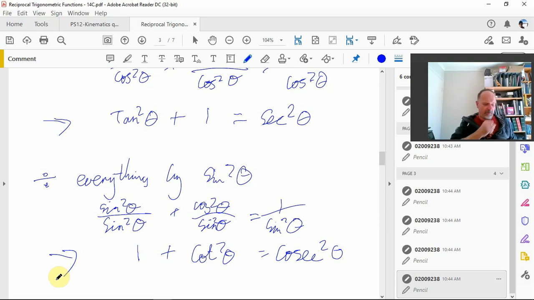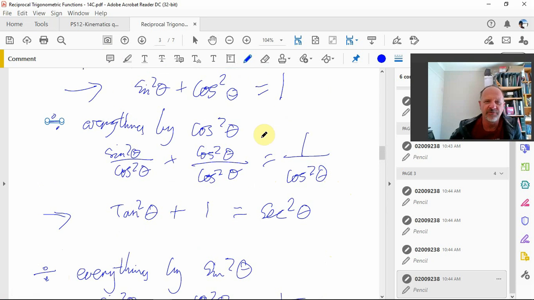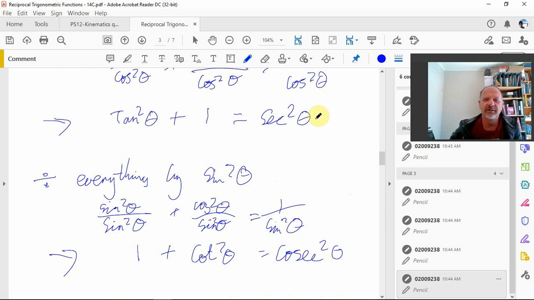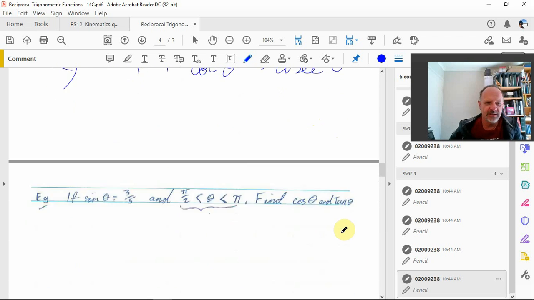Okay, so we can use those things to help us solve some stuff. So the Pythagorean identity is this one, and a couple of variations on the Pythagorean identity are these two.